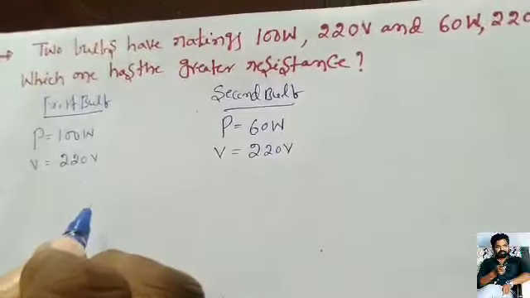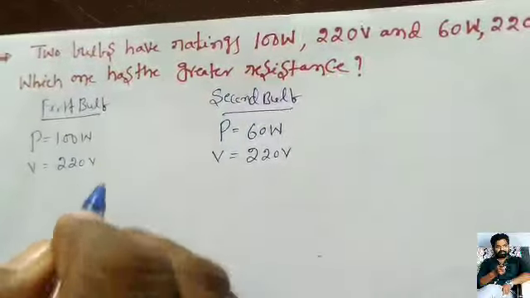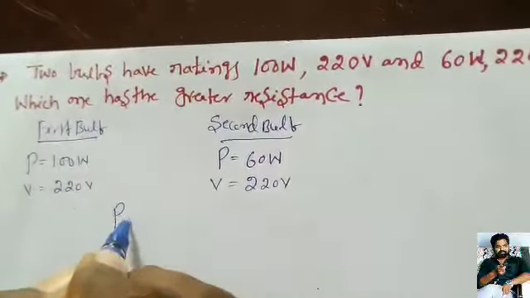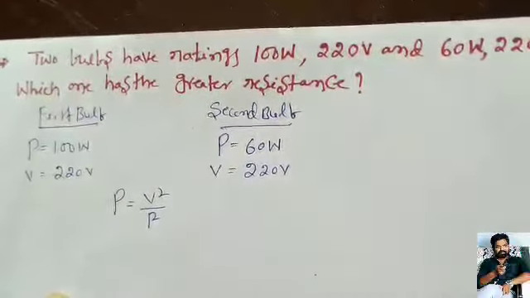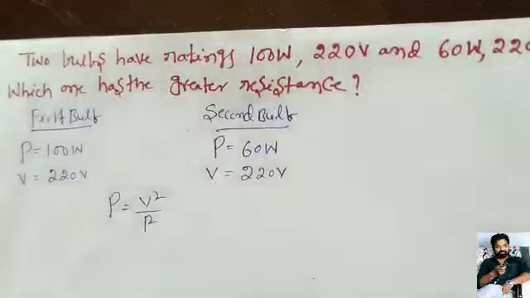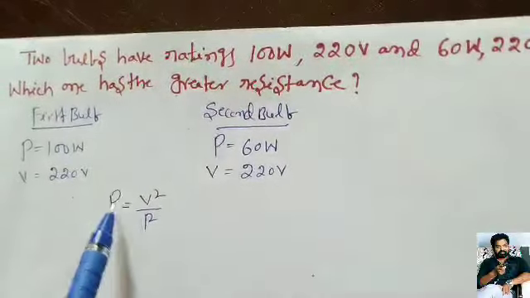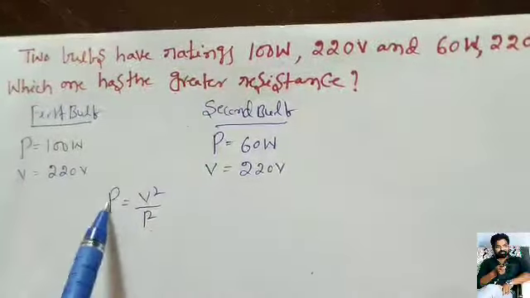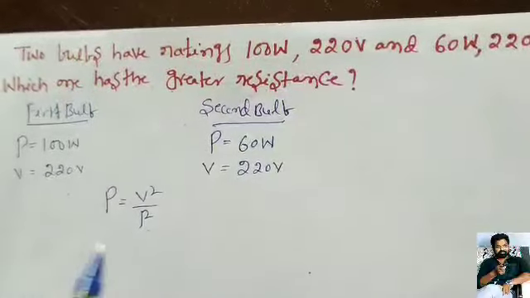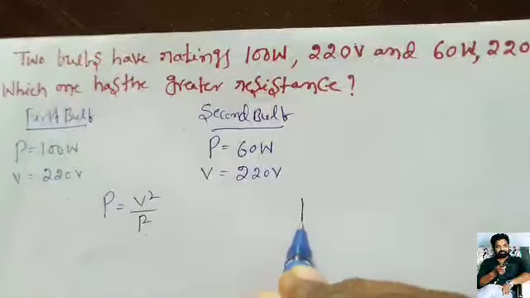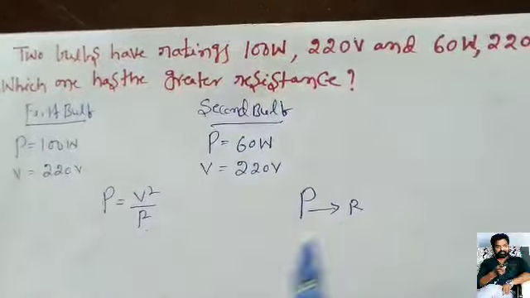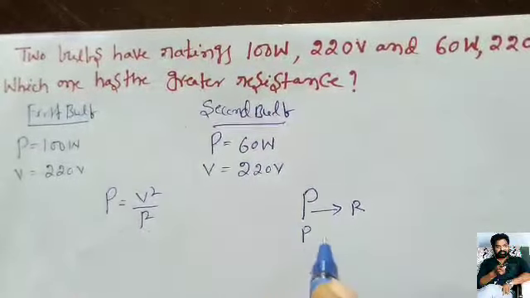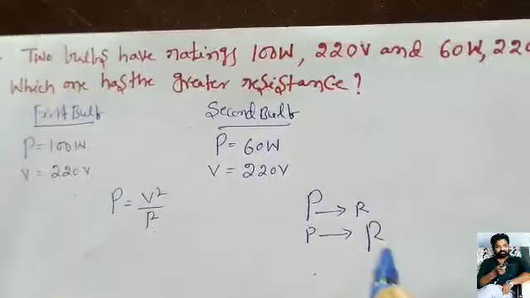You know the relation between power, voltage and resistance, P equal to V square by R. Here the relation between power and resistance is inversely proportional. It means the bulb which has more power has less resistance, and less power, resistance is more.